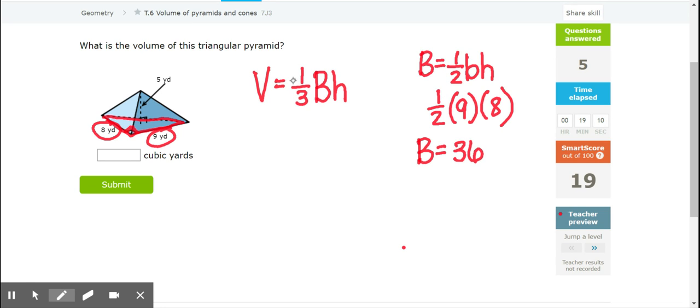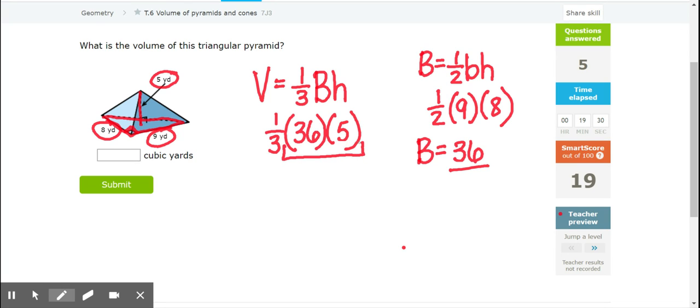Okay, so I'm going to come back to my big formula, and I'm going to bring down the 1/3. I'm going to substitute in 36 for capital B. And my height, it looks like it's going to be 5. It goes from the bottom to the top point. That's going to be 5. Okay, I'm going to type this in my calculator, 36 times 5, and I get 180.